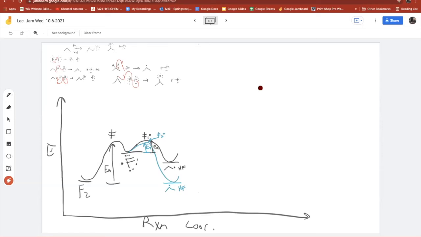So let's draw them out. So what is this transition state? Do they look more like the products or the reactants of that step?